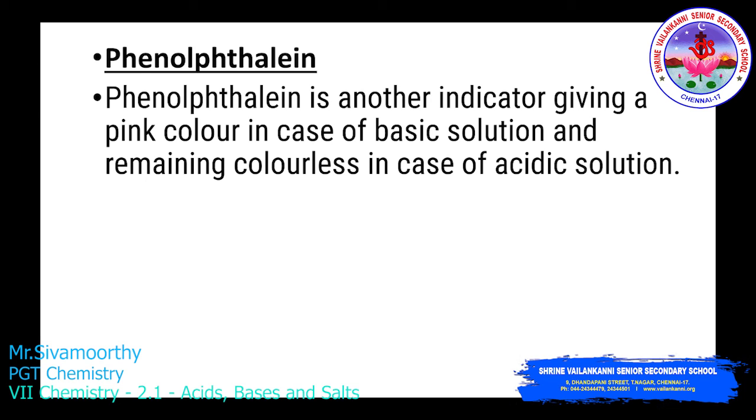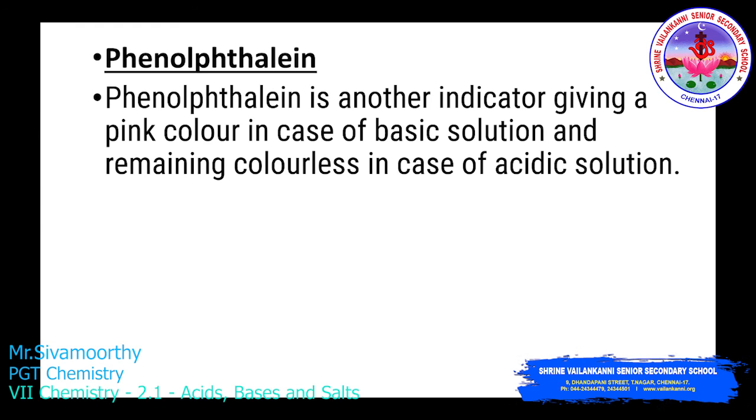So when we add phenolphthalein to an acidic solution, the acidic solution, which is colorless, remains the same color; there is no change in the acidic solution, but it forms a pink color with the basic solution. Are you able to understand students? So phenolphthalein indicator is used to tell whether the given substance is an acidic or basic solution.